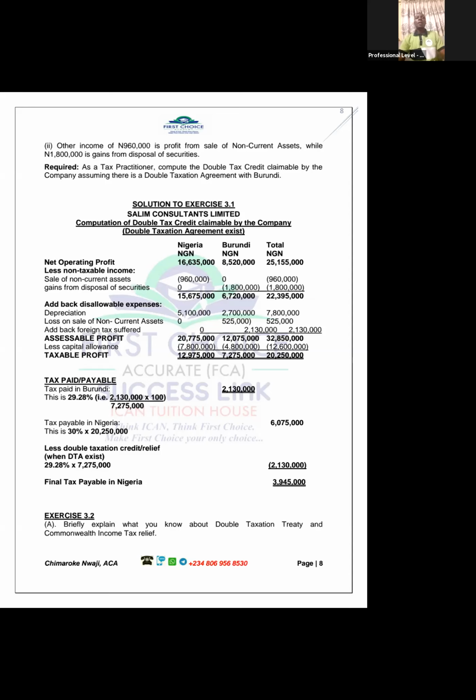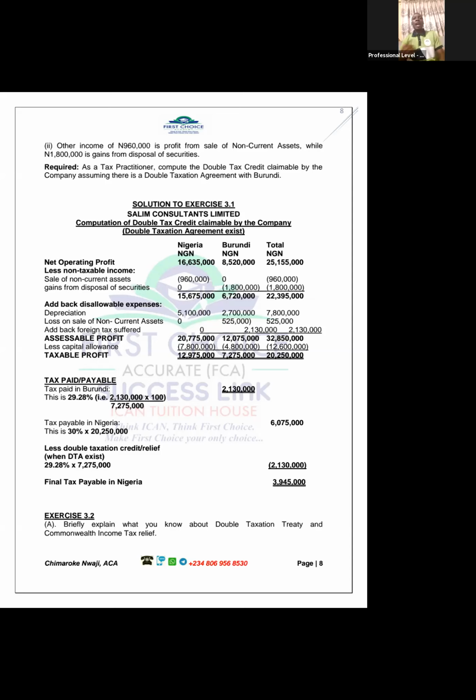Okay? Now, we are going to add back foreign tax suffered. Mind you, some people will be asking, is tax suffered a disallowable expense? No, it is not a disallowable expense. Then why are we adding it back?